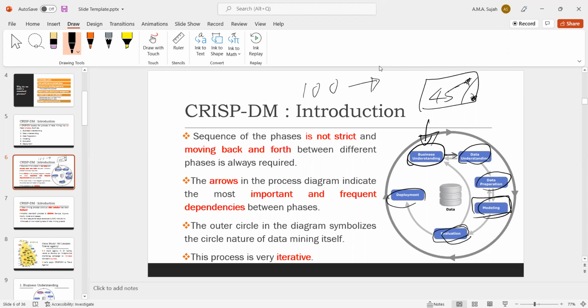Would you use this model in the real world? Anyone answer? What do you think? You are doing research and you get an accuracy of 45%. Would you recommend this model for the real world? What do you think?